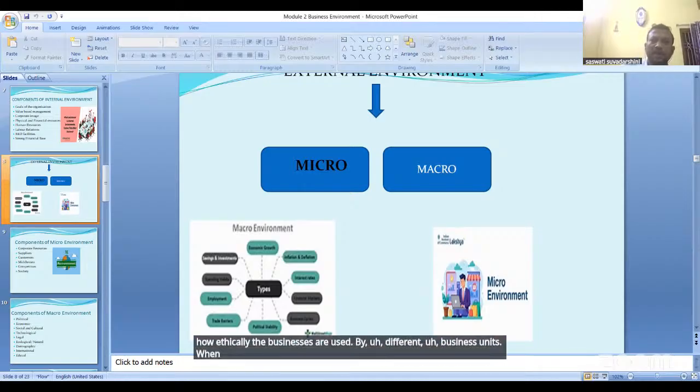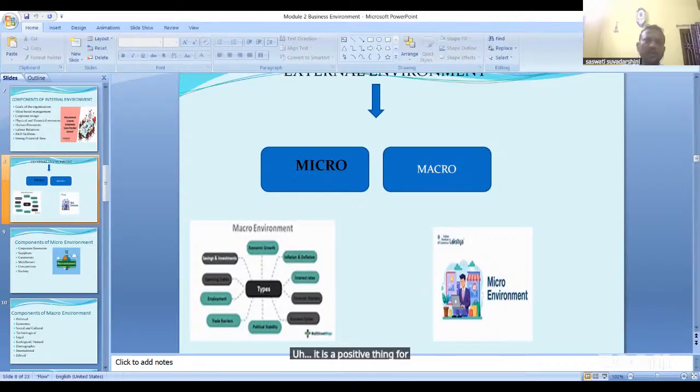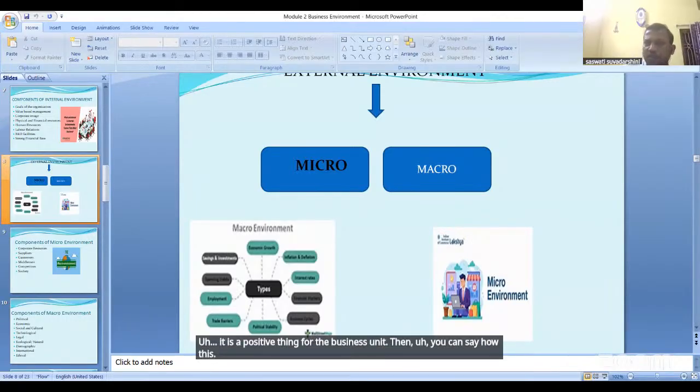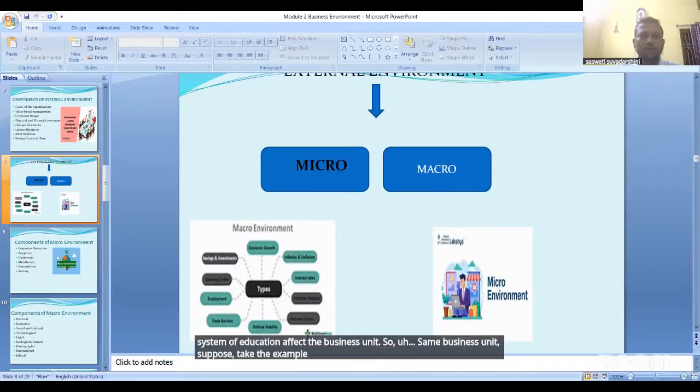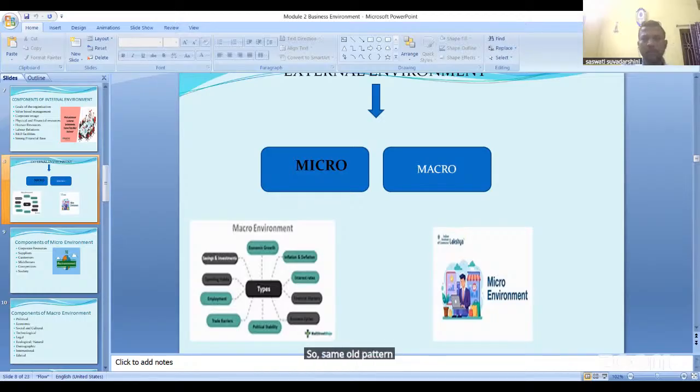When you are doing ethical business, definitely it is a positive thing for the business unit. Then you can see how the system of education affects the business unit. Take the example of the same business unit: your staff are not getting regular training, so they adopt the same old pattern, old style, old strategy.